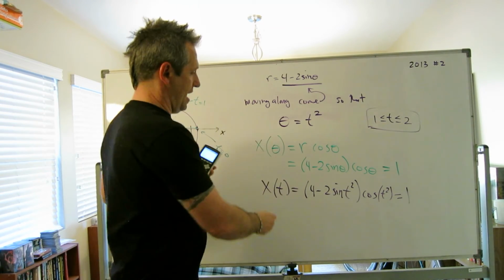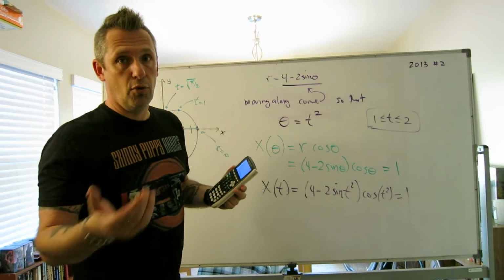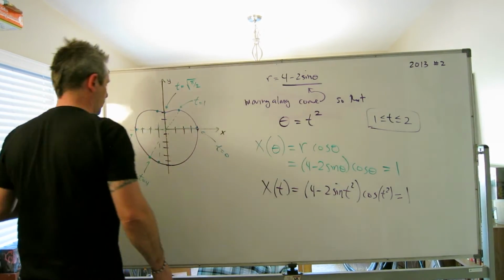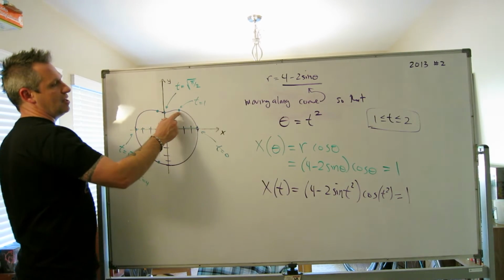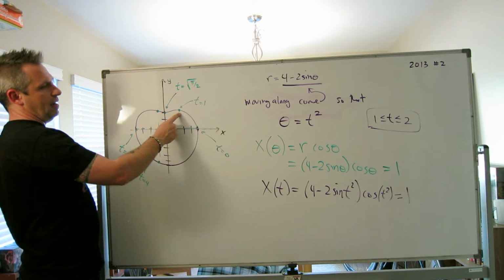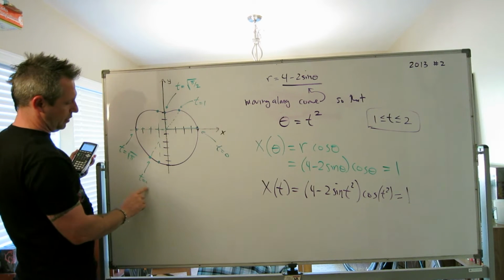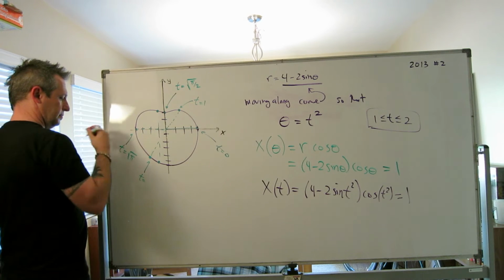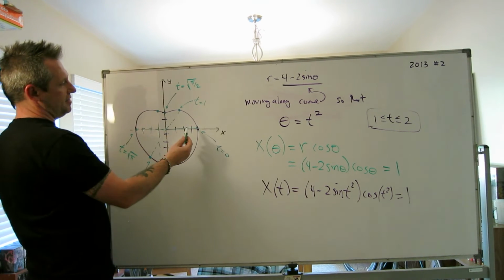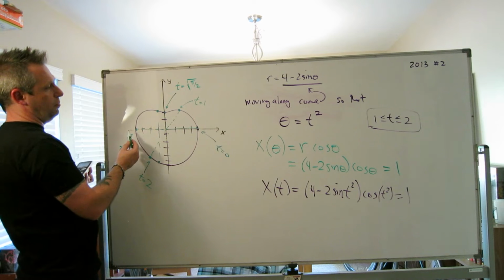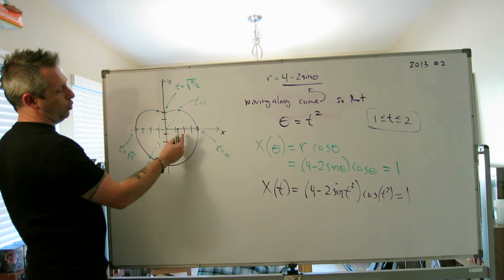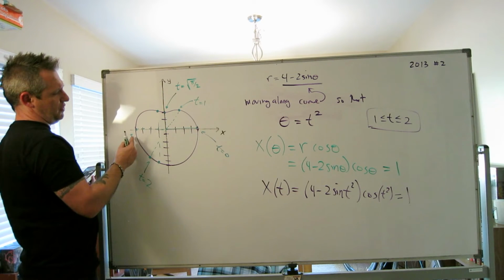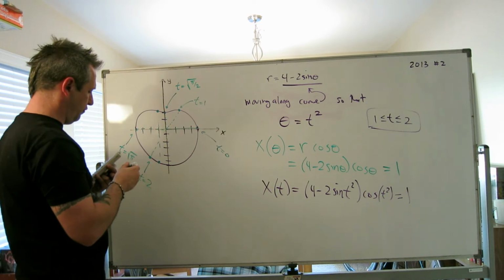Then we have to realize that what the y stands for in my calculator is actually the x coordinate of this particle. And I can see that from time 1 all the way up to time 2, by the way this was time 2, I don't know why I put 4 there, the biggest that the x coordinate is looks like it's around 2, and the smallest that the x coordinate is is negative 4.